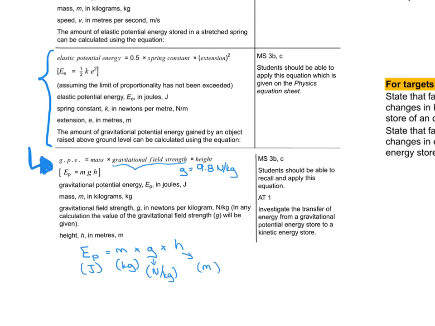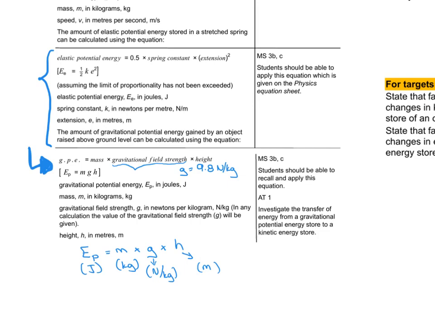Now, you should be able to recall this equation, but at the same time, you do not need to know this exact equation if you're doing a foundation paper. You could be given this equation as weight times height, and I will explain that in a bit.